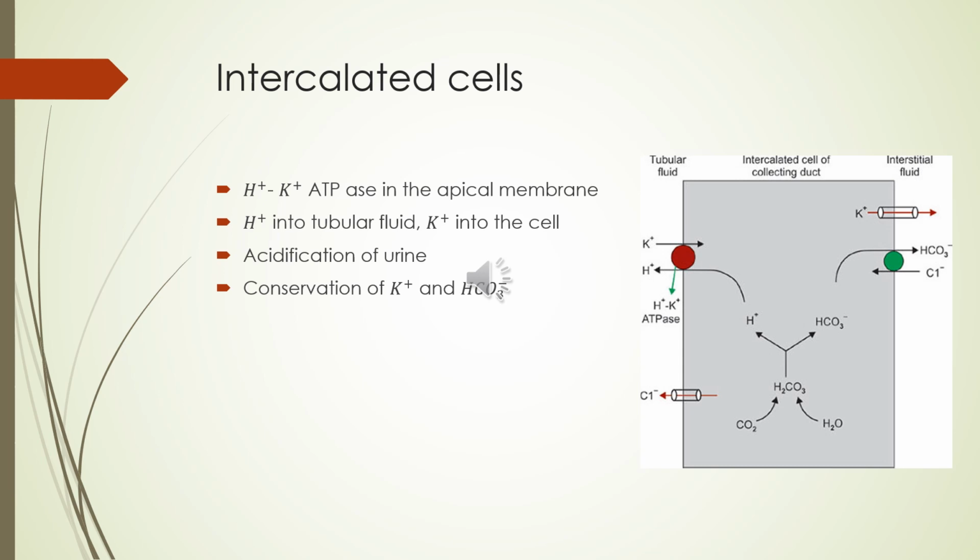Principal cells help in the sodium reabsorption and secretion of potassium ions, whereas intercalated cells help in the secretion of hydrogen ions and reabsorption of potassium ions.